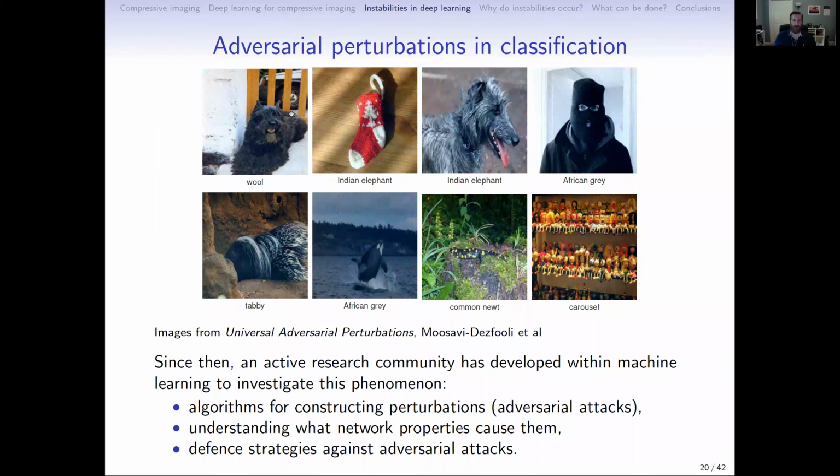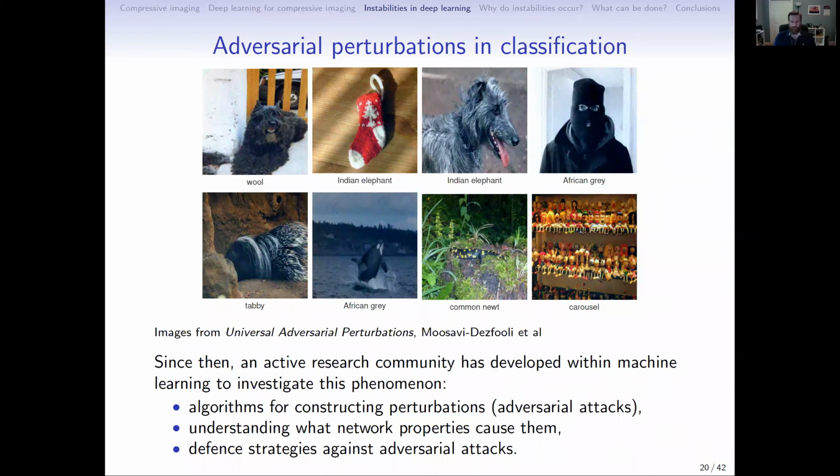Here are examples of what I mean. This is from a later paper called Universal Adversarial Perturbations. You might not be able to see on your screens here, but I can just make out the little perturbations in these images. You might see them as textures. And you can see all these images have been misclassified, even though clearly this is a whale, and clearly this is a dog, and clearly this is a sock.